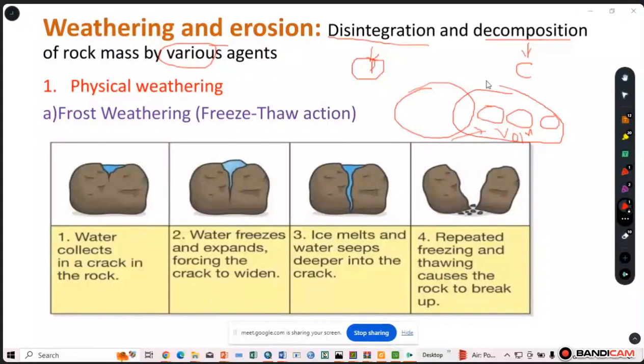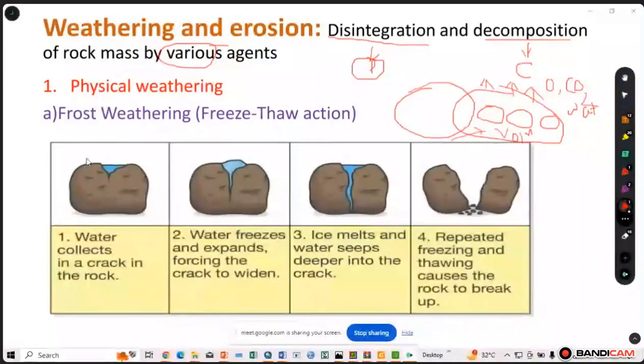In the atmosphere, they come in contact with oxygen, CO2, and water, meaning rainfall action. So physical weathering increases the amount of surface area for chemical weathering. You can see how physical weathering and chemical weathering are interrelated.